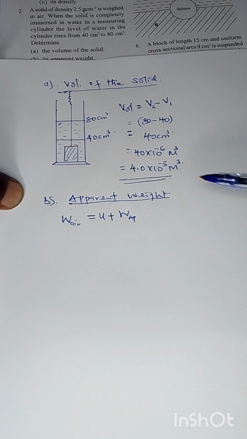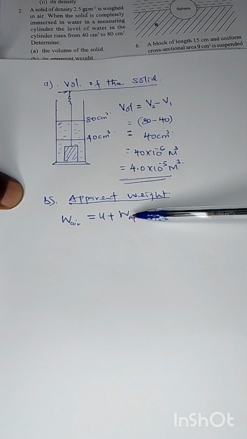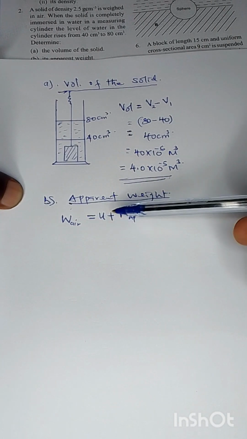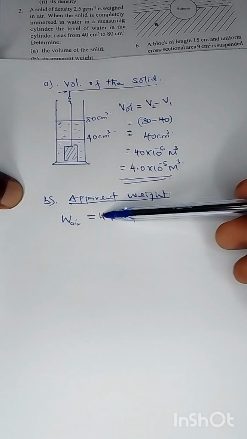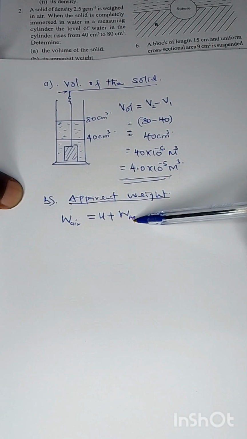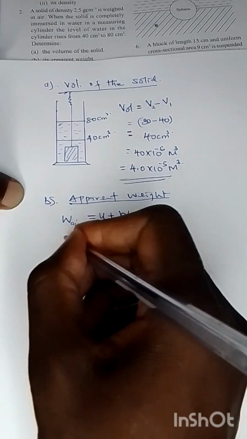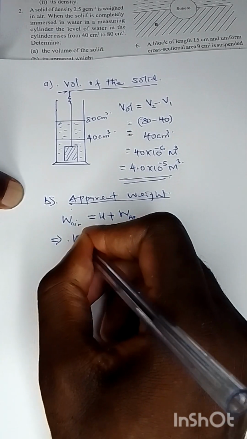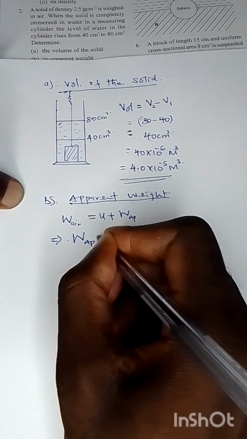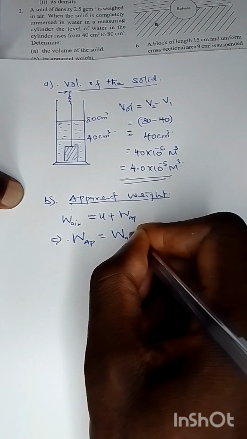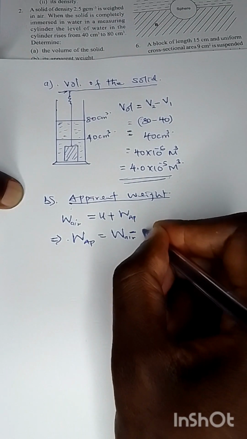So if I'm looking for apparent weight, the upthrust will cross over this side, so that I subtract it from the weight in air to get my apparent weight. Therefore, apparent weight equals weight in air minus upthrust.